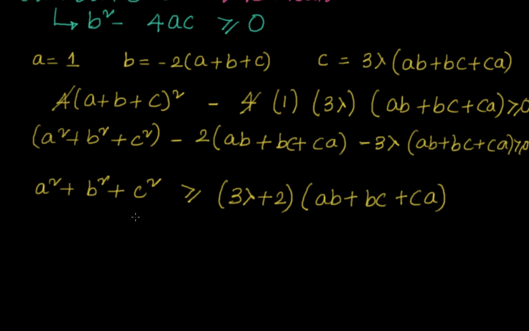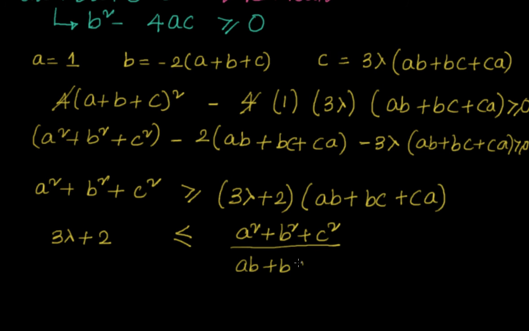Or I can change it and say 3 lambda plus 2 is less than or equal to (a square plus b square plus c square) divided by (ab plus bc plus ca).